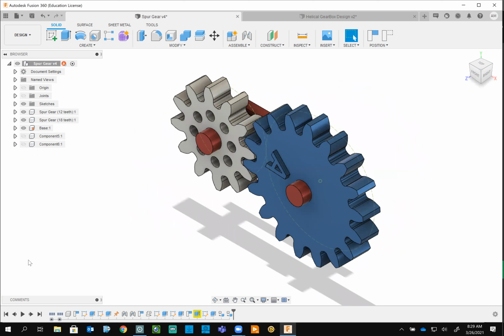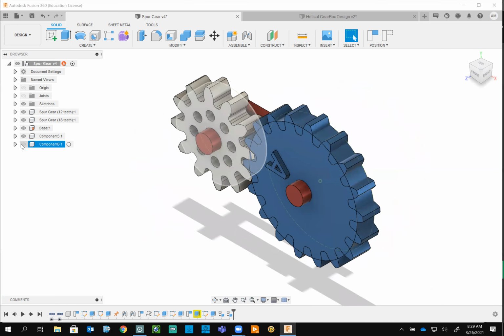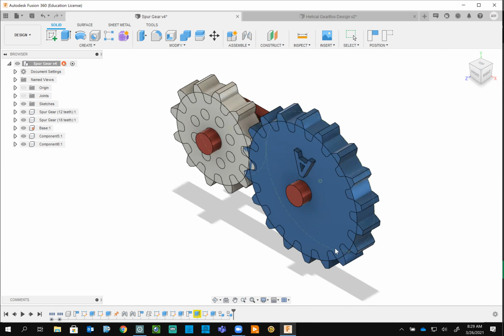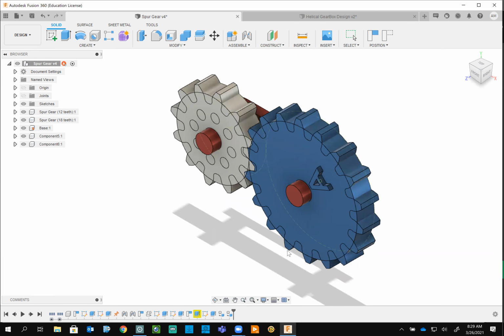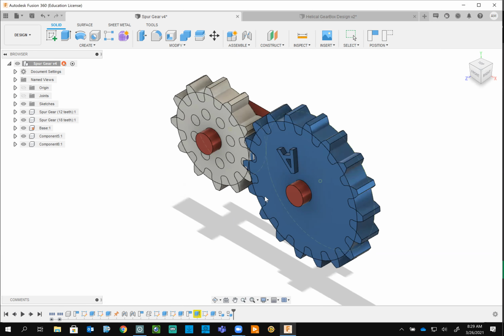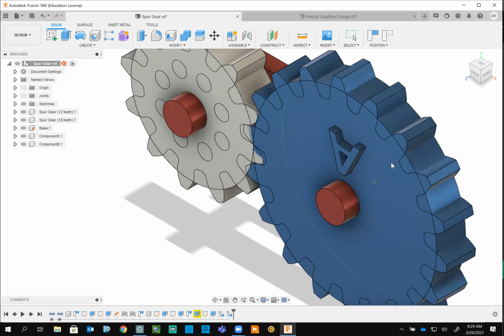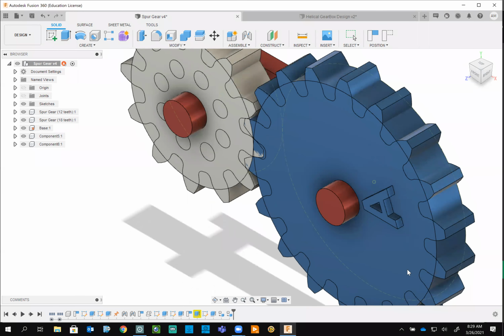Or let me do this, then you can see it better maybe. So two cylinders, right? When I'm rotating these two gears, you can visualize that these two cylinders are rolling against each other.